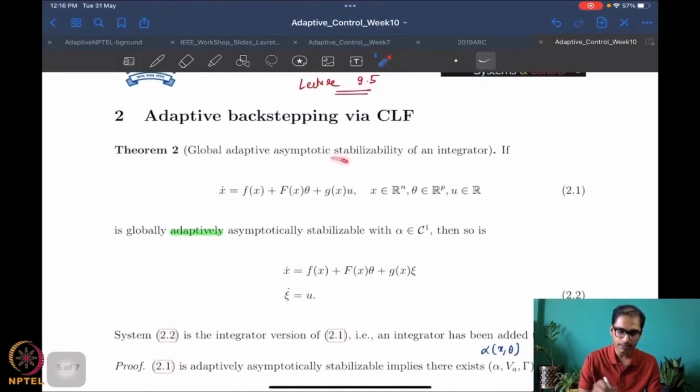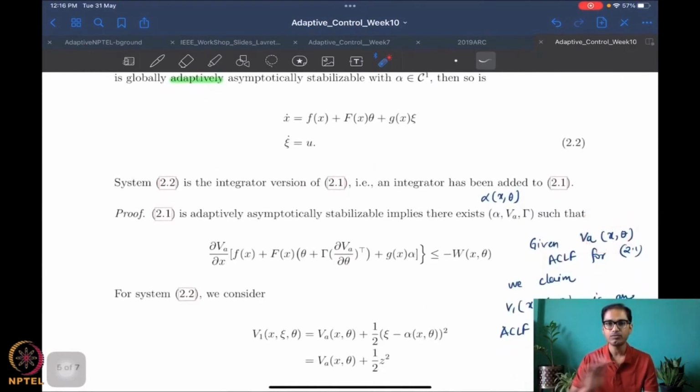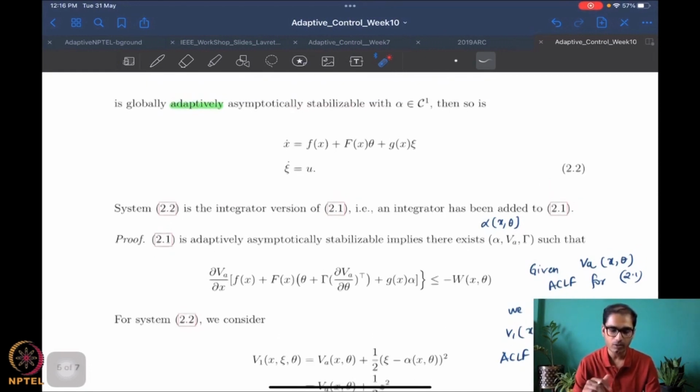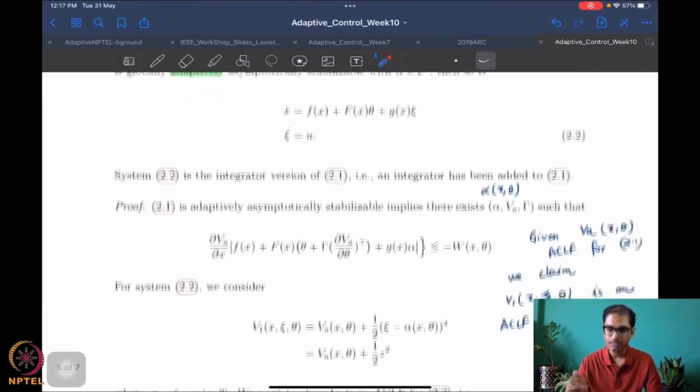Now, because this system is globally, adaptively, asymptotically stabilizable, existence of a VA is guaranteed. That's what it means. We already said that, if the system is globally, adaptively, asymptotically stabilizable, it means the existence of such a VA function. So this is guaranteed.